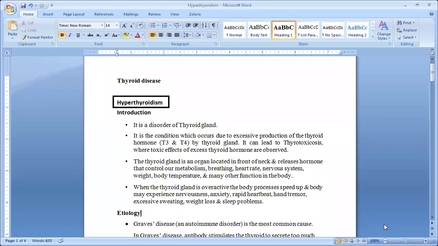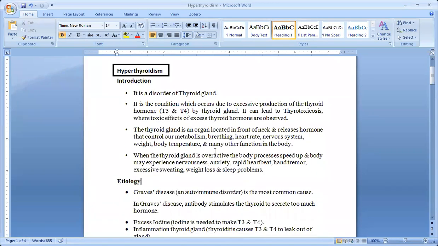Because of this, all the body processes increase and speed up. And we experience nervousness, anxiety, rapid heartbeat, that is the increase in heartbeat, hand tremor, that is shaking of the hand, excessive sweating, weight loss, and sleep problems. Many more problems are there.